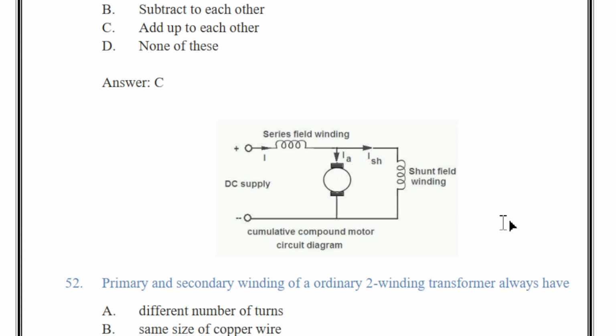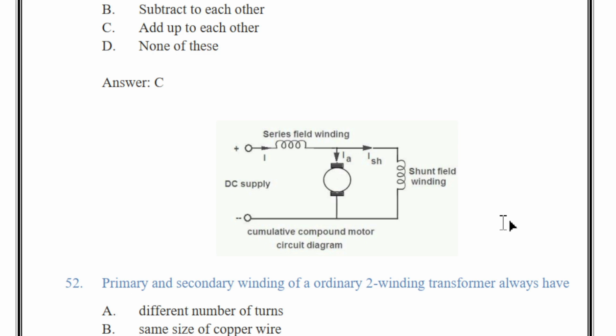In a differential compound DC motor, the two field windings are wound in such a way that the flux produced by them tries to oppose and cancel each other. In a cumulative compound motor, both the shunt and series fields act simultaneously and assist each other. This results in more flux for any given current. More flux means more torque and reduced speed as compared to the shunt DC motor.